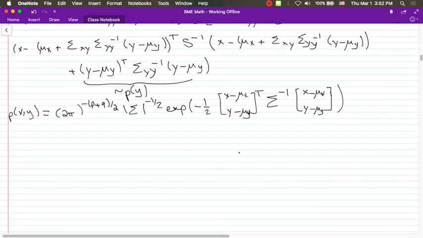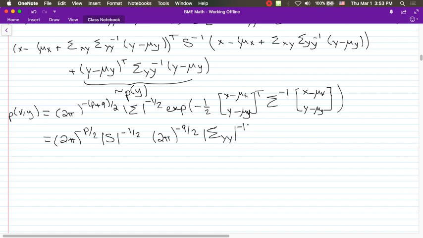What I did for you is to factor this into the following. The determinant, we factored to be 2 pi to the minus p over 2 times this matrix S to the minus 1/2, times 2 pi to the minus q over 2 times the determinant of sigma yy to the minus 1/2. And then I factored the exponential.